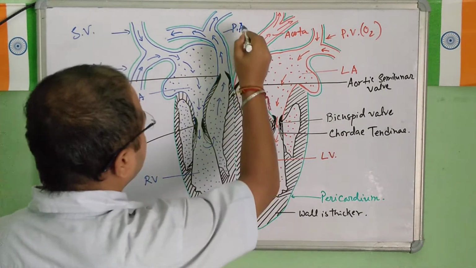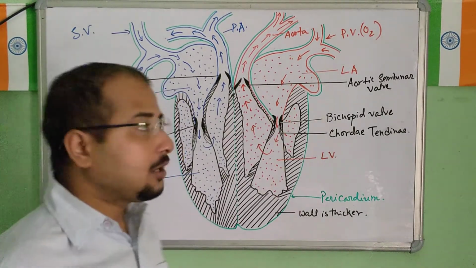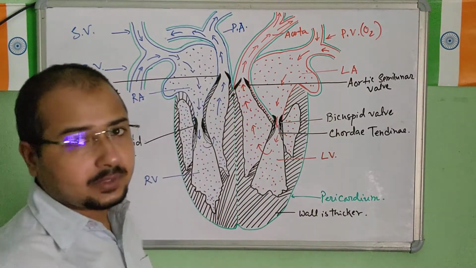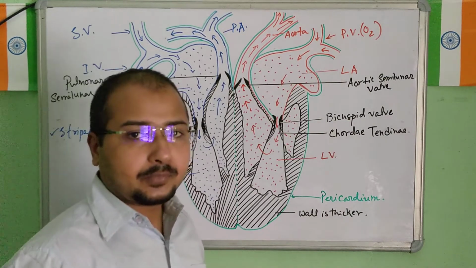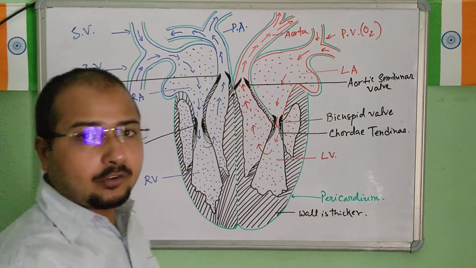Clear? Pulmonary artery carries the deoxygenated blood from the heart to the lungs. The branches of the pulmonary artery are known as the pulmonary trunk. So this is the direction of how the blood flows.